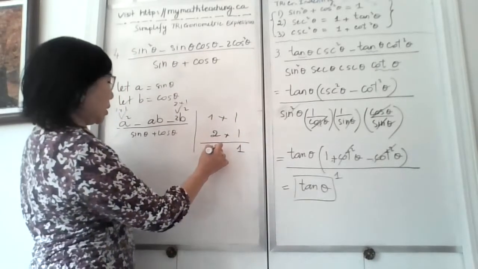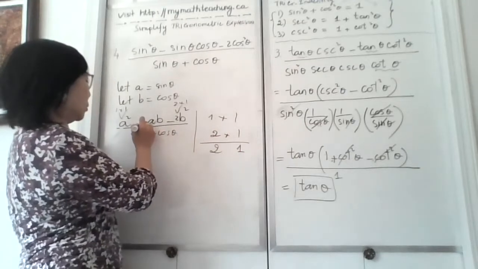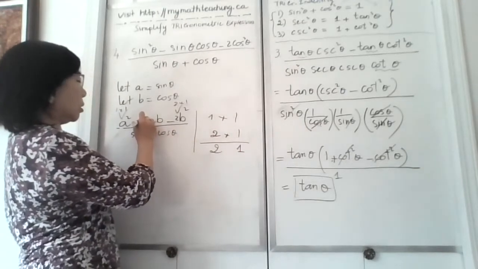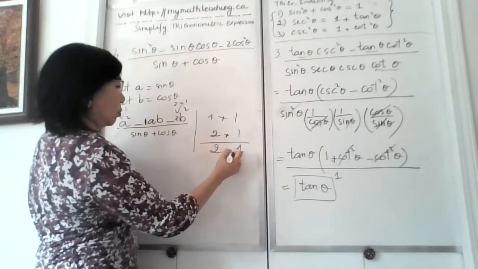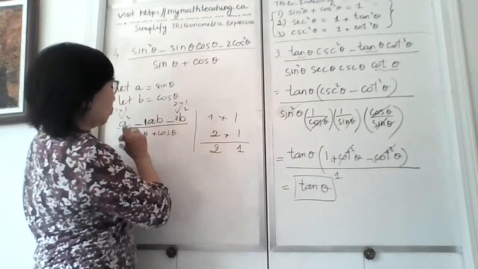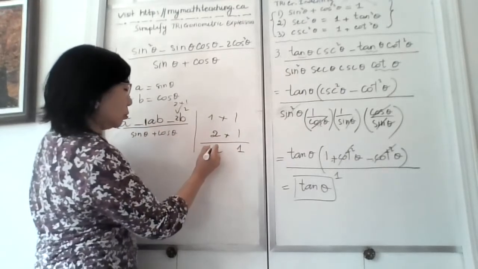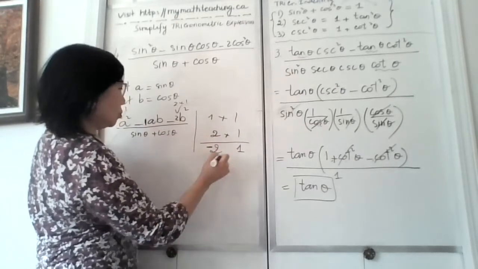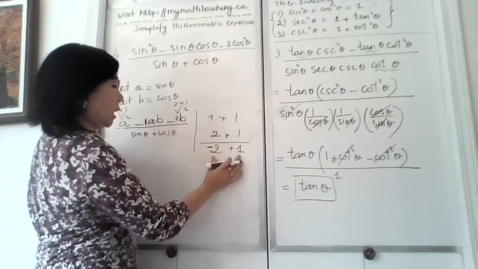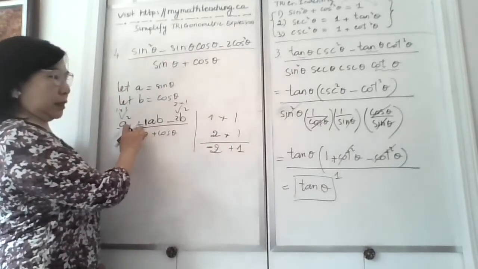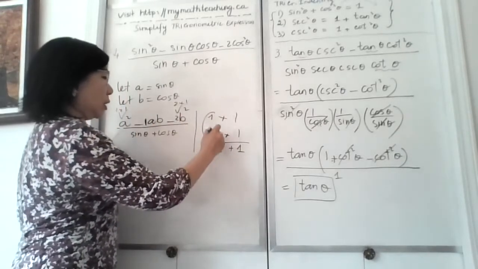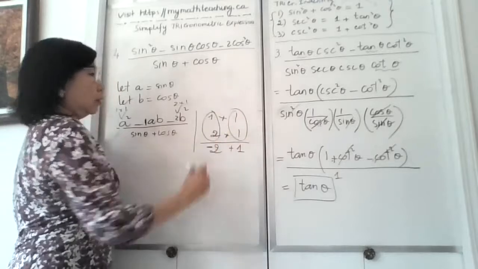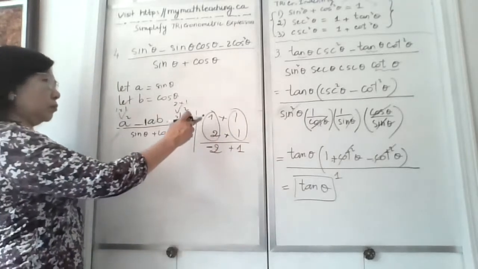If I subtract these, I should get the middle term of minus 1. But 2 minus 1 does not give me minus 1. I have to assign the correct signs: minus 2 and plus 1. So when I add them, I get minus 1. Now it's correct.